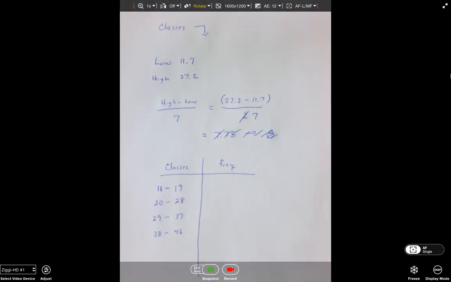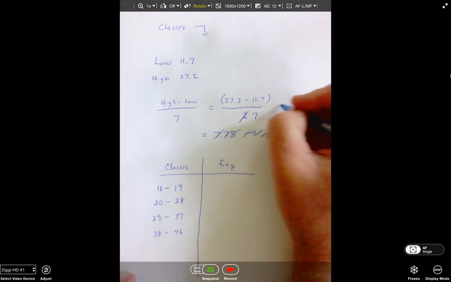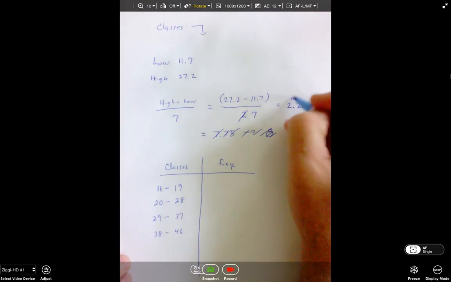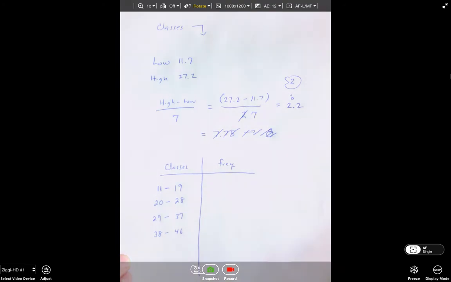First mistake I've ever made, and it was captured on screen. So if we divide by 7, we get 2.2, like we should. Okay, I would probably just round this to a 2. Guys, I'm just illustrating this. I would never, ever, ever do a frequency distribution by hand. So guys, let's do this the correct way now.